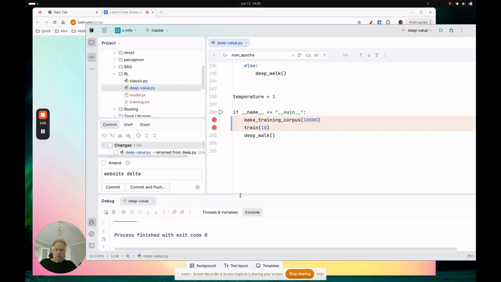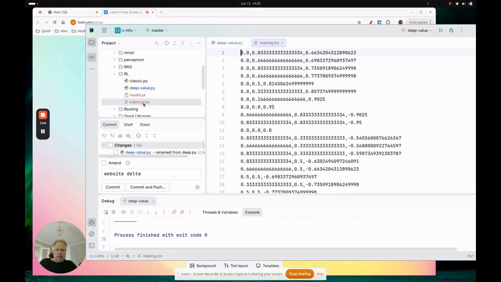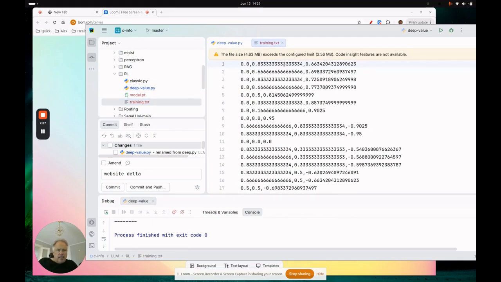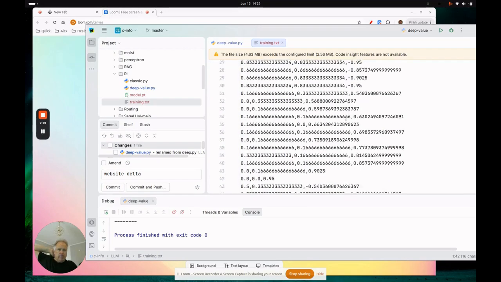Oh, it already went through everything here. So here's the training set, with a lot of examples. For instance, at this position the value it thinks should be about 0.86. That's from one of the trajectories that was able to get that value.